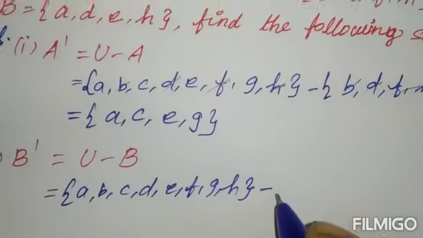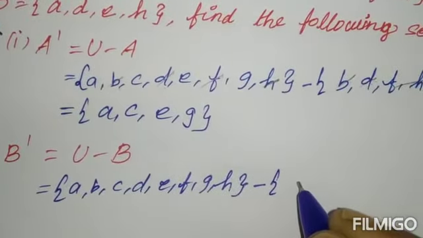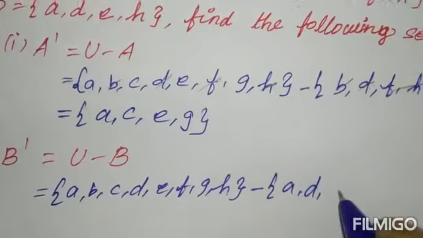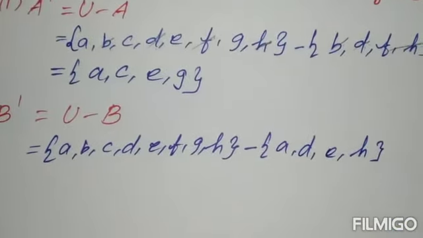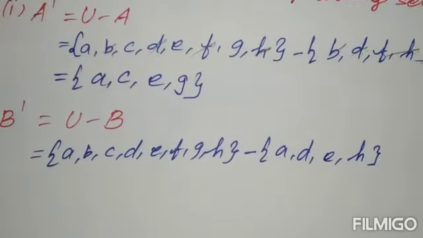Difference elements of B are a, d, e, h. So we have to write the difference between U and B.